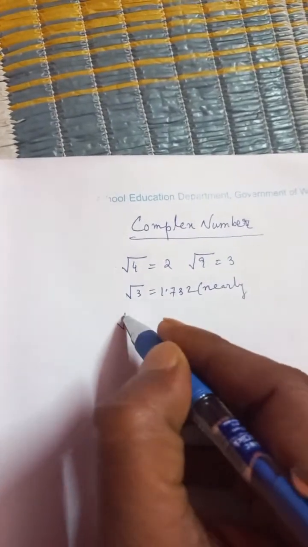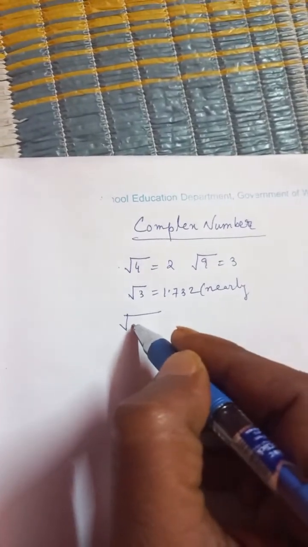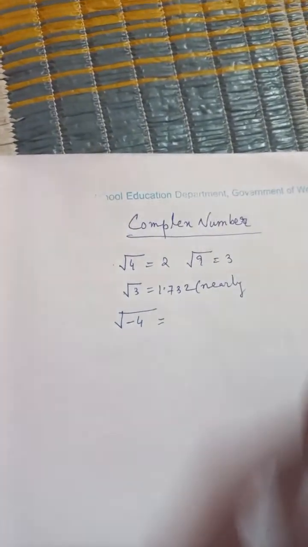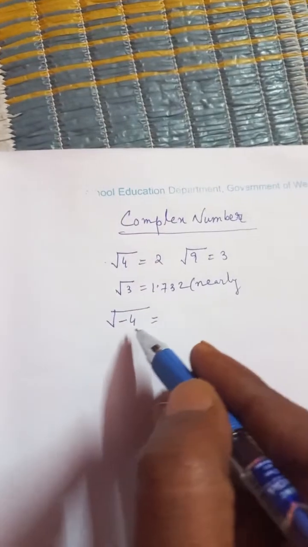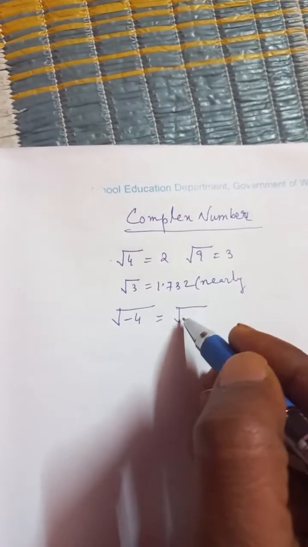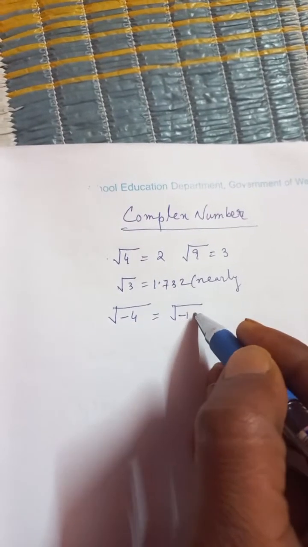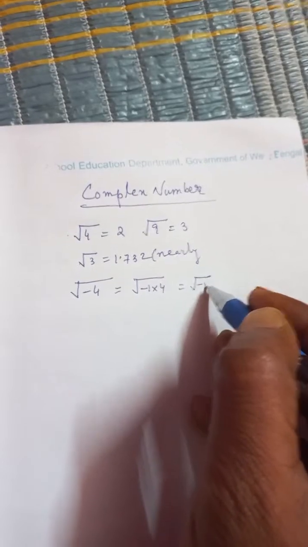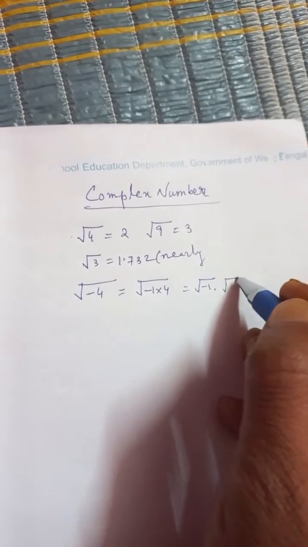But for negative values like root over -4, what will the answer be? Here we can divide it in this way: root over -1 multiplied by root over 4.